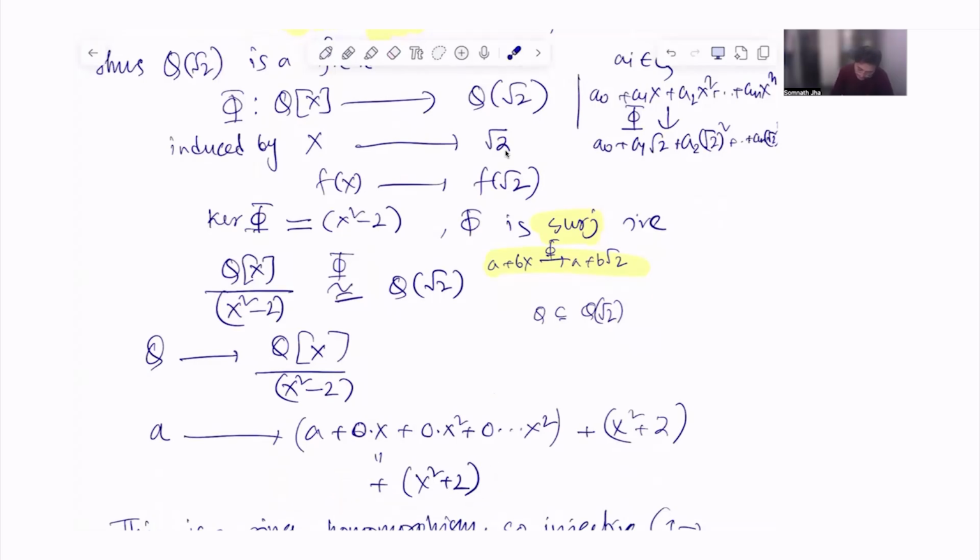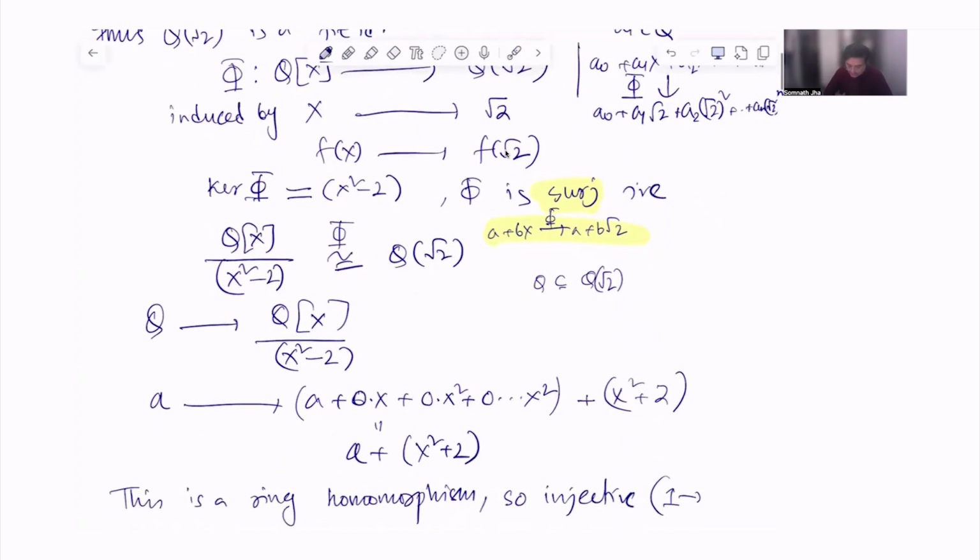A is a constant polynomial. So I can send this map and you can check clearly this is a ring homomorphism from this field Q to this ring Q[x] mod x squared minus 2, which we have seen is a field, right?